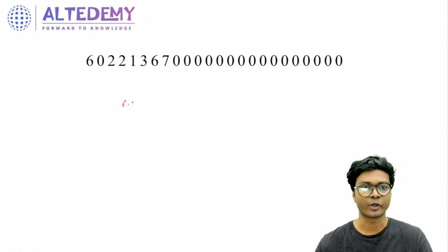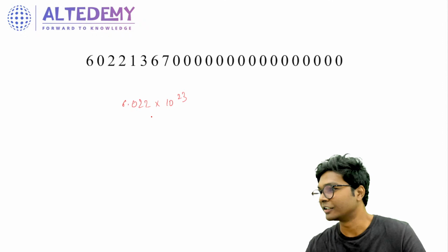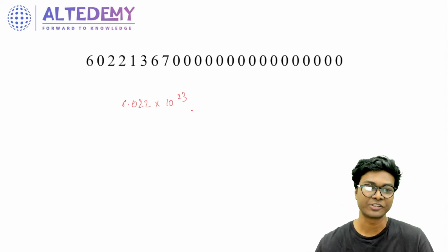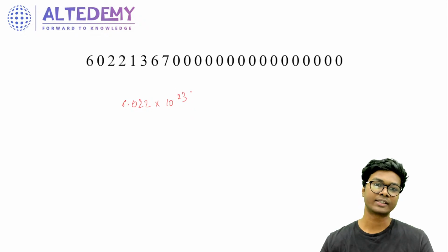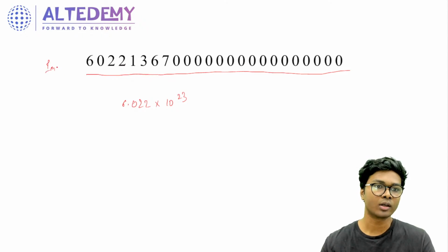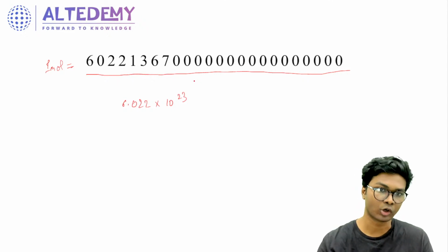When we write 6.022 times 10 to the power 23, this is the number. So 1 mole equals this number. This is how big this number is. Got it?